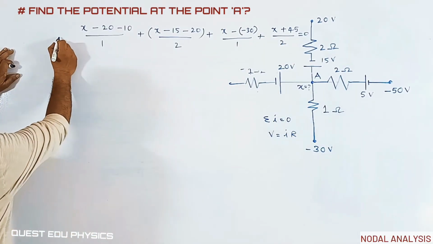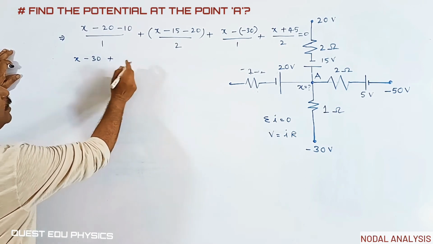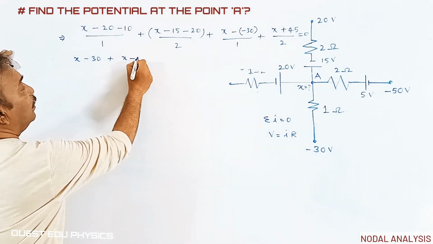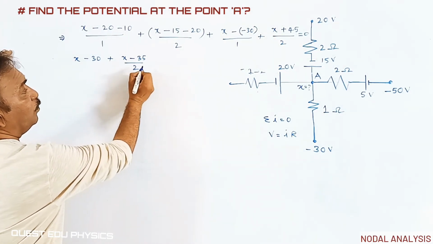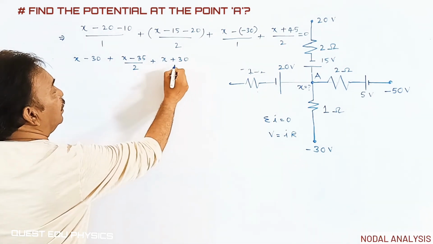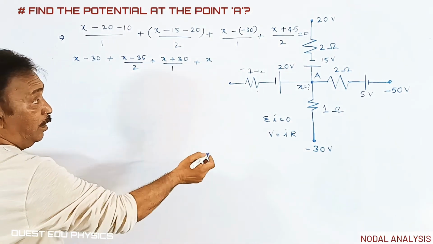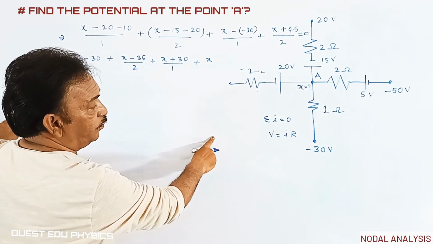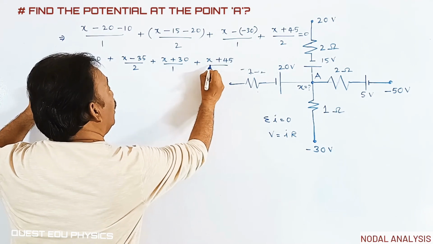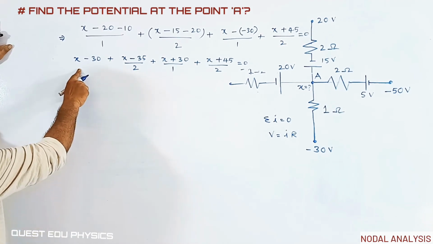Okay, students, further it can be written as X minus 30 plus X minus 35 by 2 plus X plus 30 by 1 plus X plus 45 by 2 is equal to 0. Then what you get?